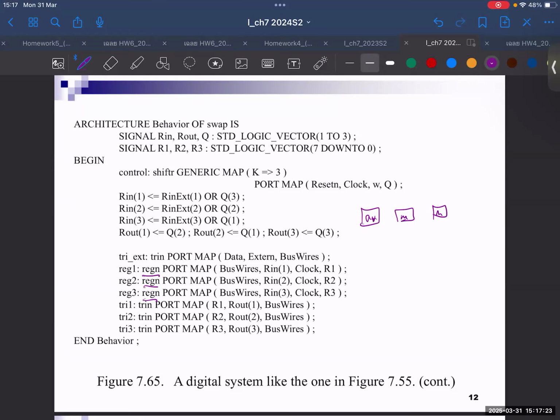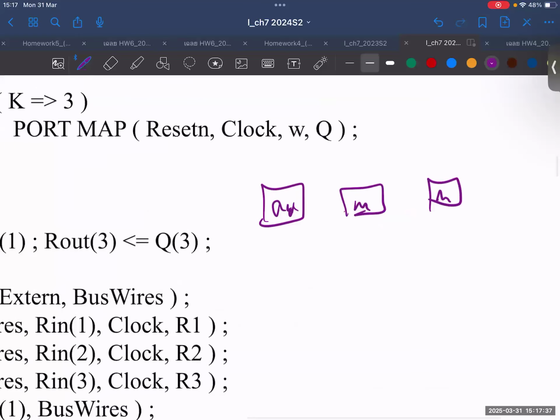If you say, I want to connect register N, they will say, which one? So you have to give it a name, a label. They are all of type register N, but you give each a name.